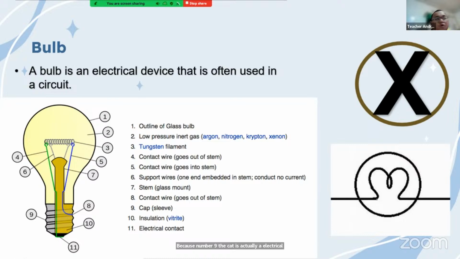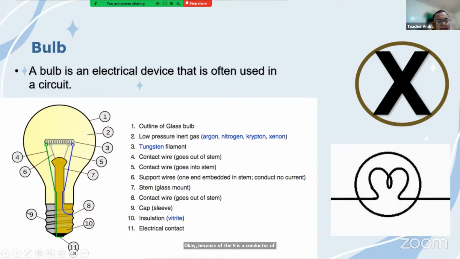So even though the light bulb doesn't light up, if we put two wires on the cap, current still flows through, because number 9 is an electrical conductor. It allows electricity to pass through. It's just that the light bulb won't light up, but current still passes through as a complete circuit, because number 9 is a conductor of electricity.